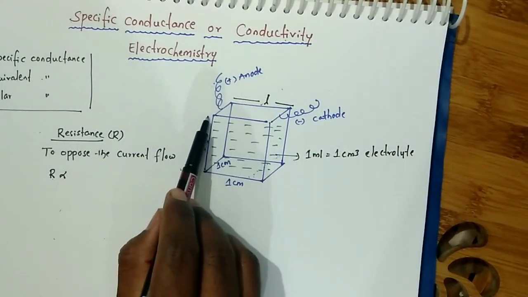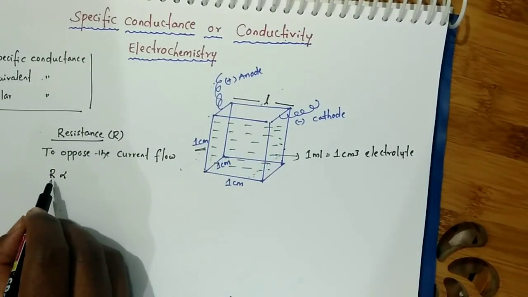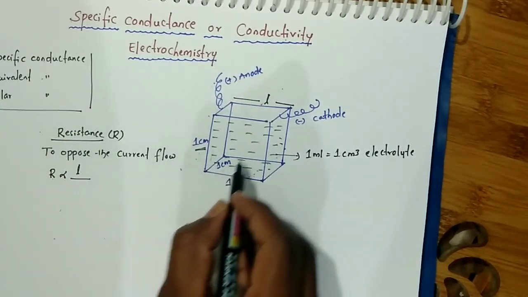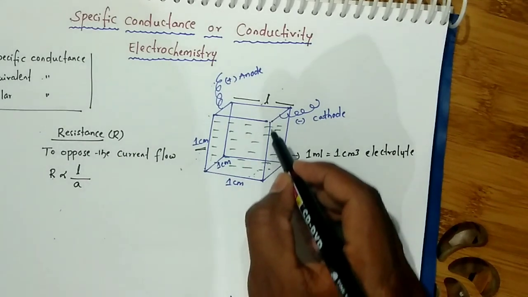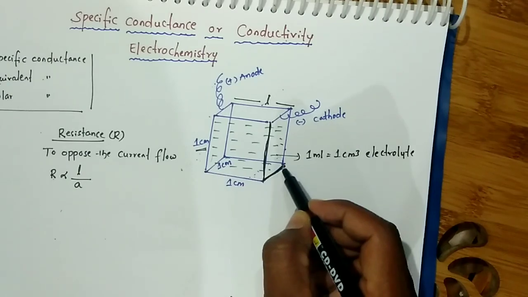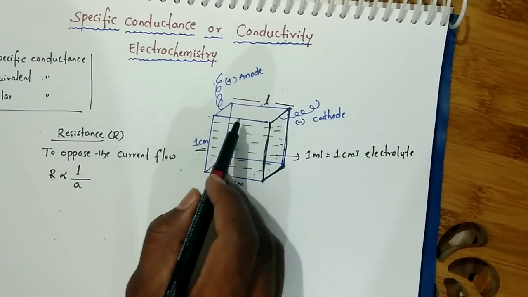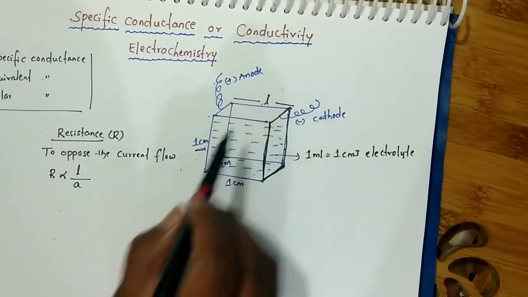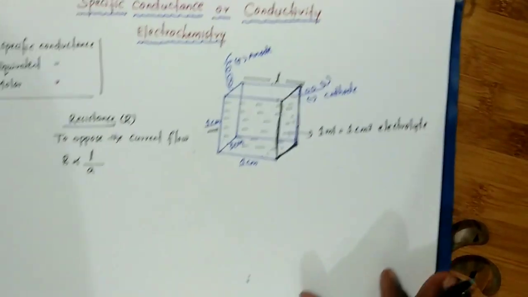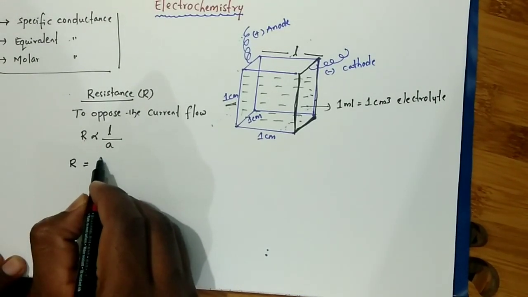These are the two electrodes, and the distance we just assume L. So the resistance is directly proportional to the distance between the two electrodes and inversely proportional to the area of cross section of the electrode, this complete area. So R equals a proportionality constant times L by A.